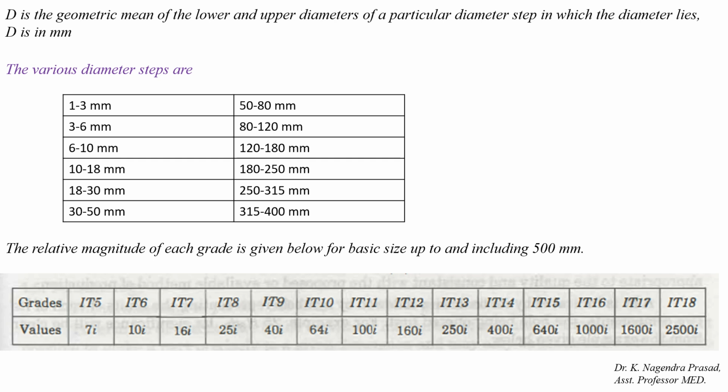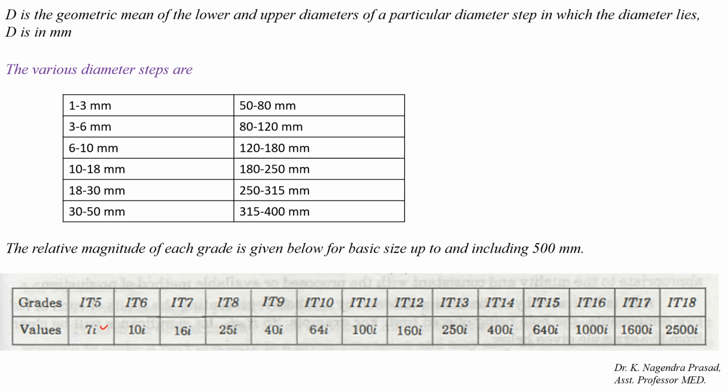So different grades are there: IT5, IT6, IT7 up to IT18, and these values are 7i, 10i, 16i, 25i, 40i, 64i, 100i, 160i, 250i, 400i, 640i, 1000i, 1600i and 2500i. So you have to remember these values. With respect to the grade, its values will change. At least you should remember them.